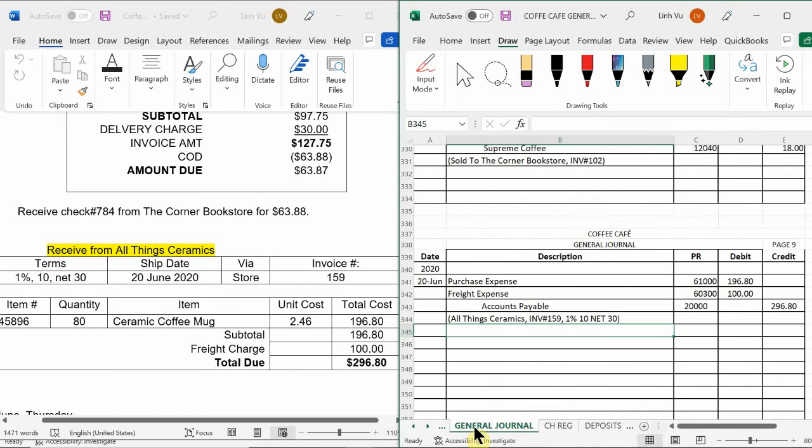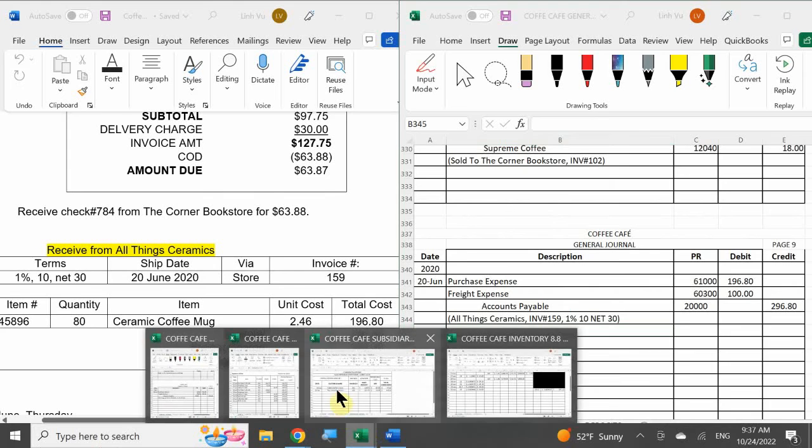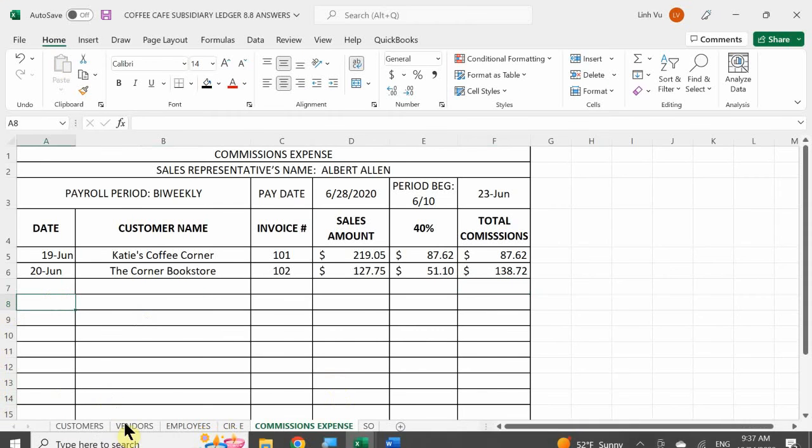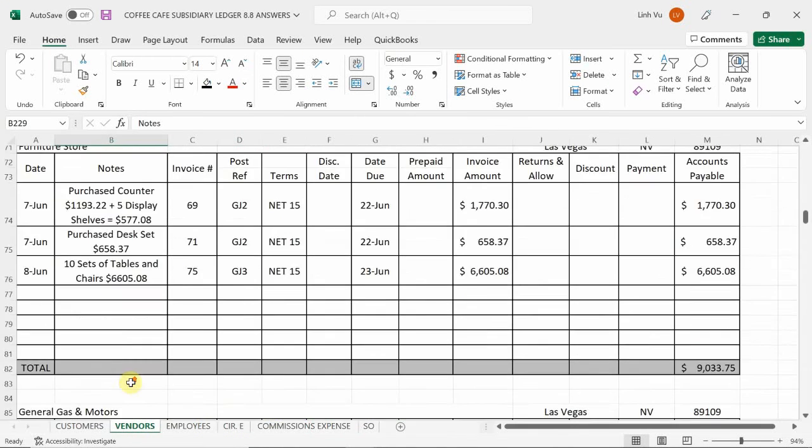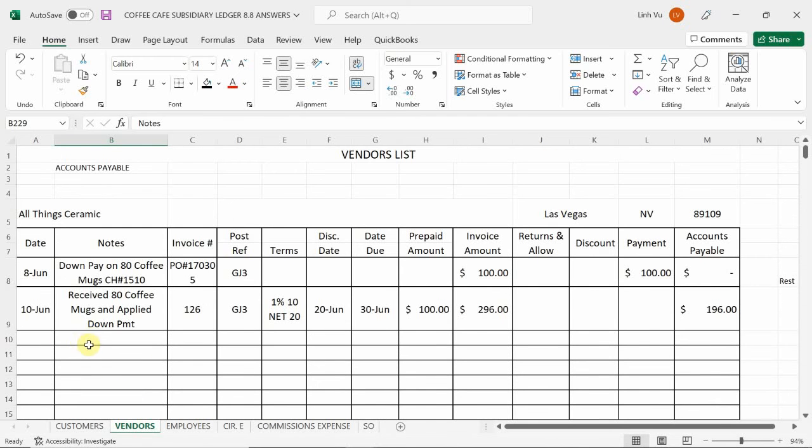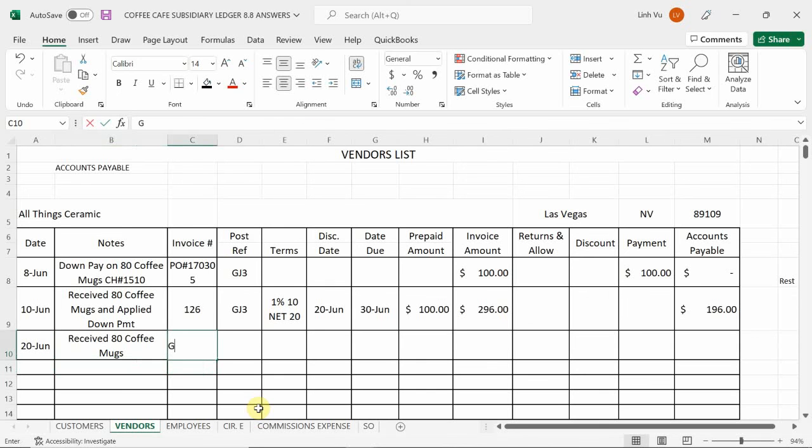We go to all things ceramic. Okay, said that we receive coffee mugs. Invoice number 159. General Journal 8.